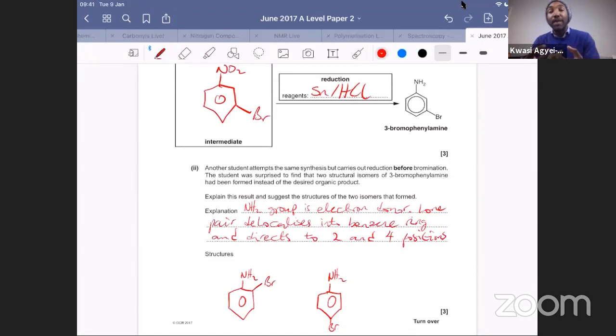Just because it's a review of A2 organic chemistry doesn't mean that you should forget to learn about your AS chemistry and to apply what you know from AS organic chemistry when necessary.